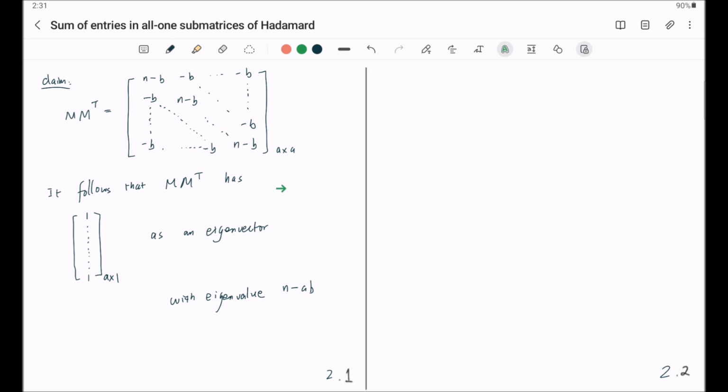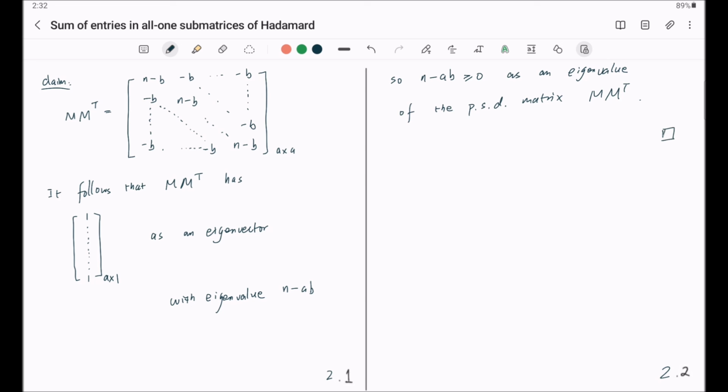This matrix is A by A, so there are A many negative B's and n. So n minus AB is non-negative as an eigenvalue of the PSD matrix MMT. And we are done with the proof.